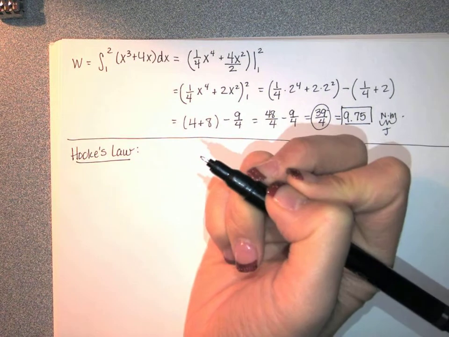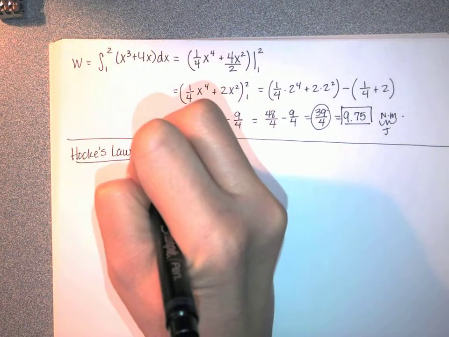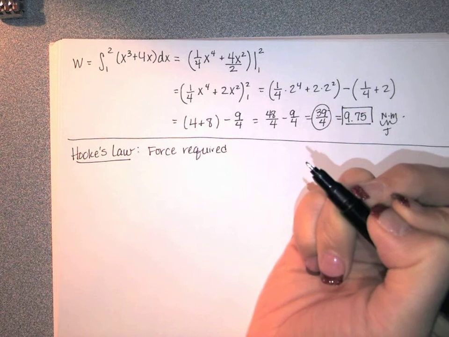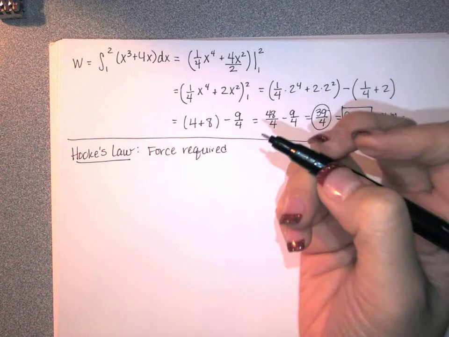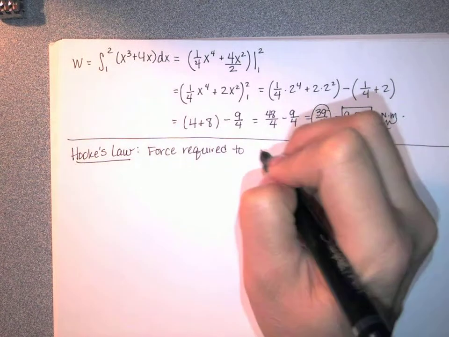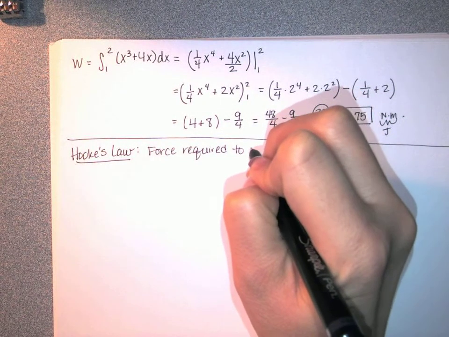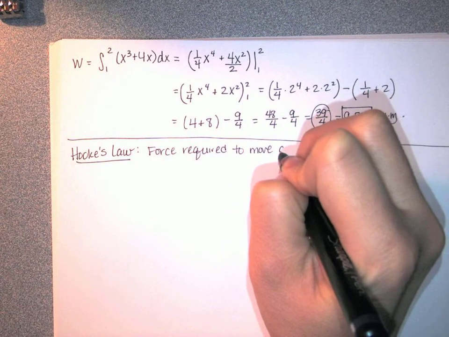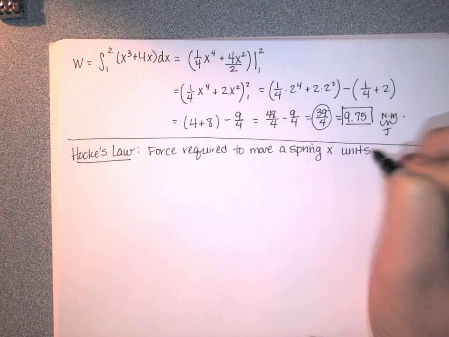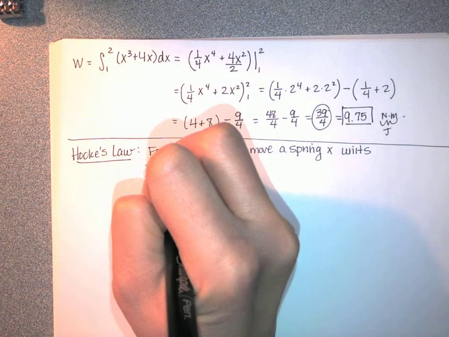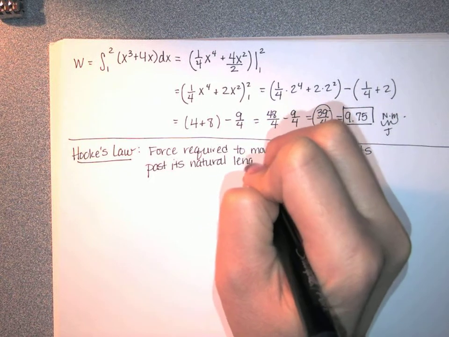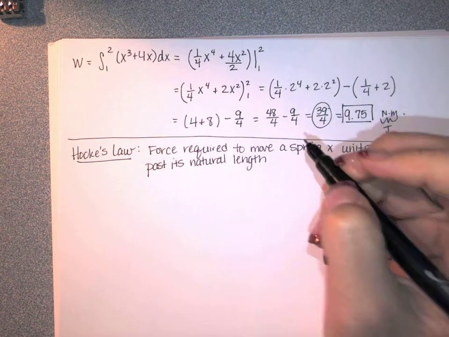And Hooke's law says this: the force required to move a spring x units past its natural length is given by kx.